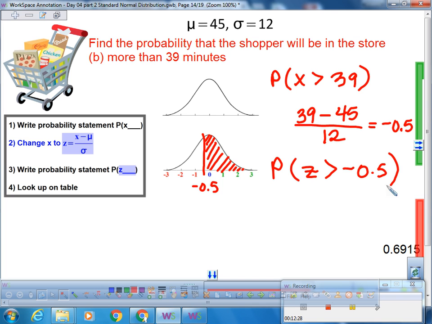That's what I'm trying to find. So I need to know, here's negative 0.5. I want to know the area under that curve that's greater than. No, we changed it to a z-score. We're not using this one. We're using this one.